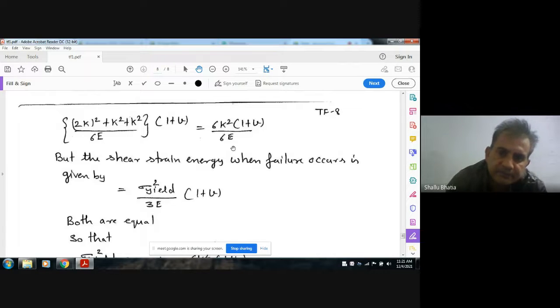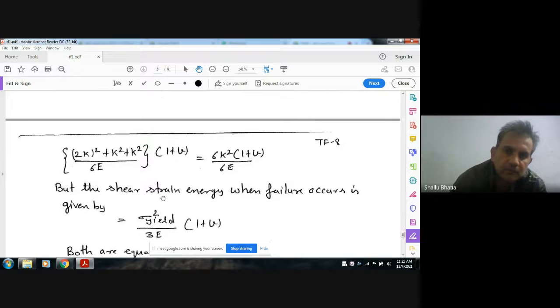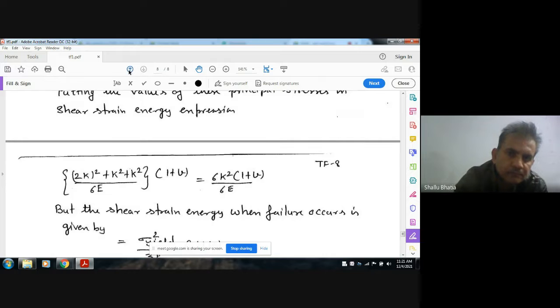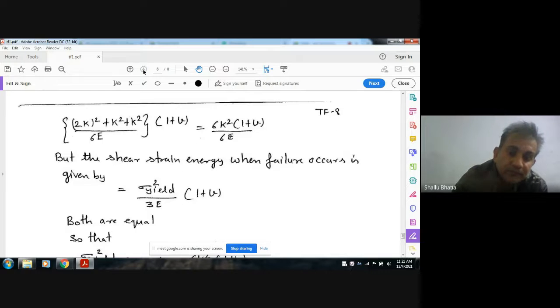But the shear strain energy at failure when it is subjected to sigma yield, we have found, is given by this expression, sigma yield square. Now both are failing.